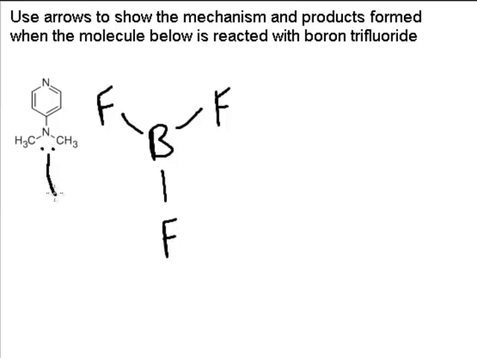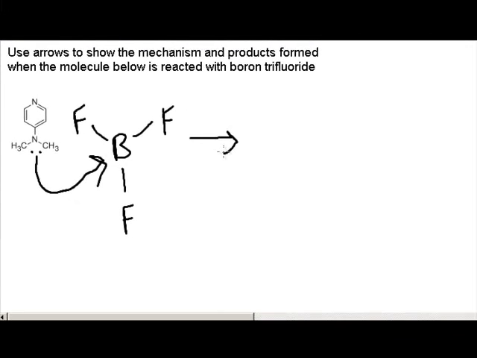Again, you show the arrow moving from the area where electrons are in high density to the area where electrons are needed, like the electron-poor boron. So the product of that reaction will now create a 4th bond to nitrogen and a 4th bond to boron. So that lone pair is creating a covalent bond between nitrogen and boron.